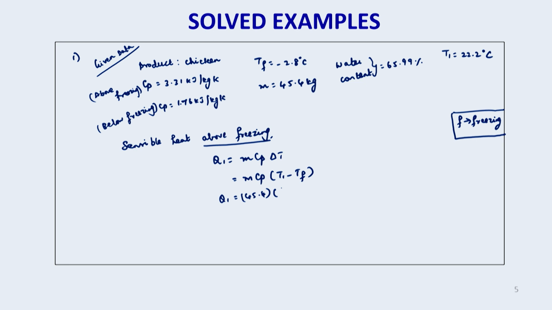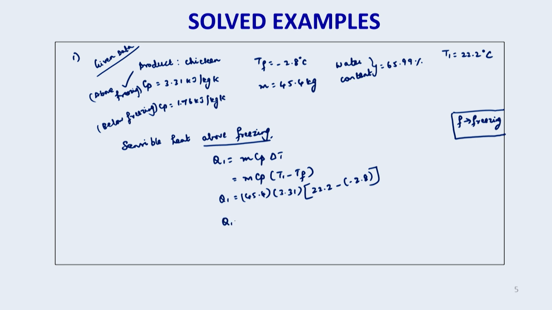For Cp, we substitute the Cp value above freezing, 3.31. The temperature difference can be substituted either in degrees centigrade or in Kelvin. So T1 is 22.2 minus TF, which is minus 2.8. So minus of minus will become plus.